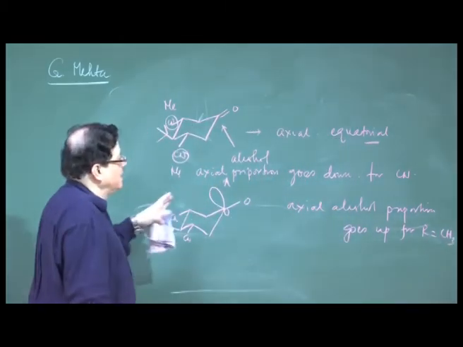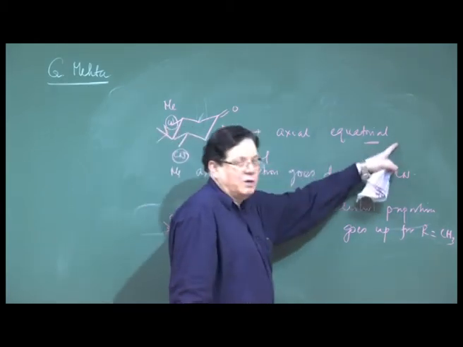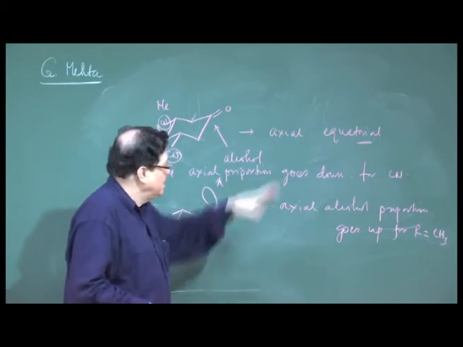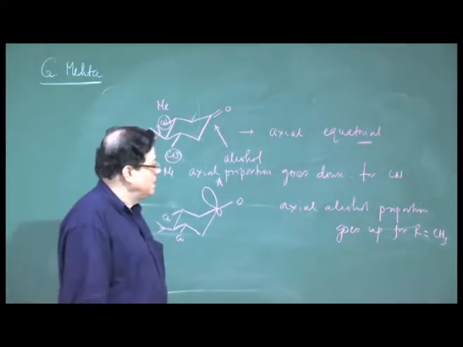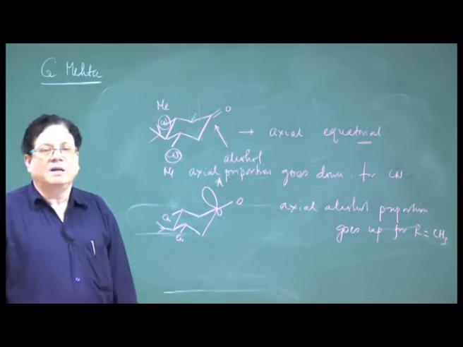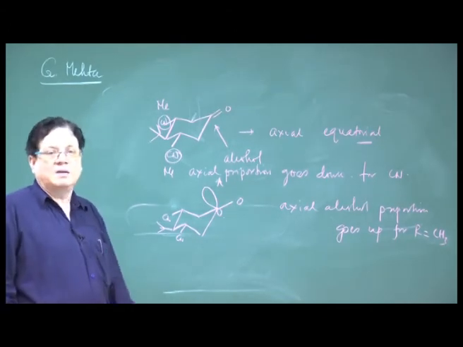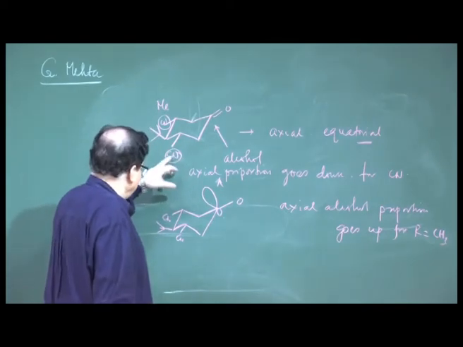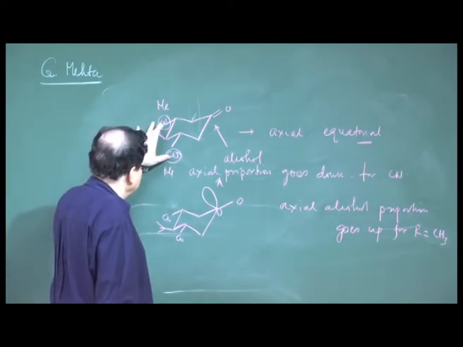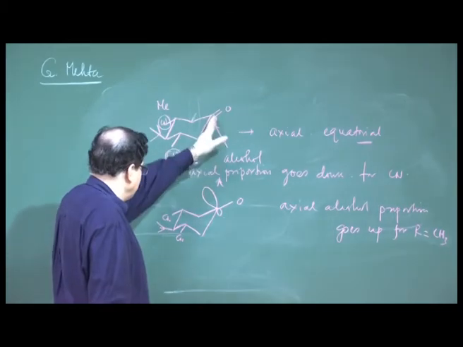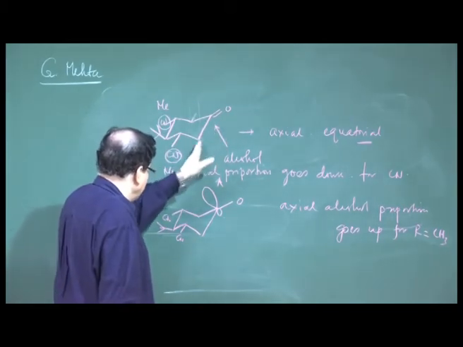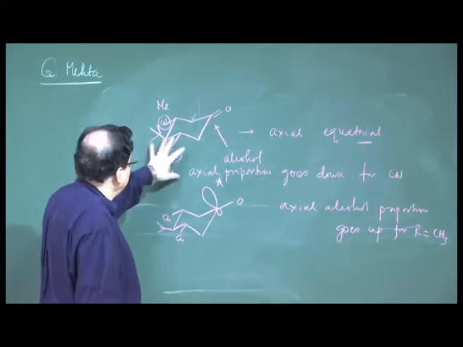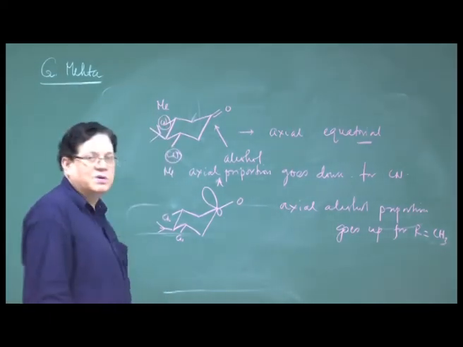What I am saying is that the equatorial alcohol is always the major, but the percentage of axial alcohol is perturbed while going from cyanide to methyl. I think that is also an added proof that the Cyclic model is valid, because other models like Felkin's model, which relied on the eclipsing interaction with the C2, C6 hydrogens, cannot explain this remote functionalization effect.